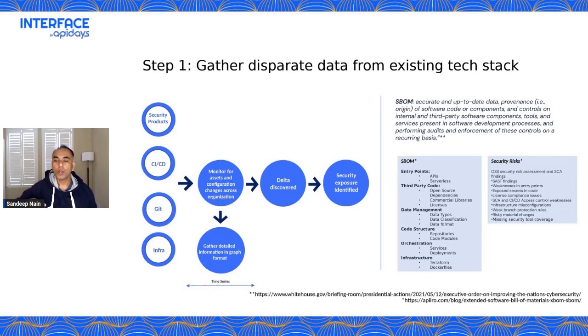For example, open source software security risk assessment, SCA findings, your static analysis findings, infrastructure misconfigurations, or any kind of security tool coverage that is missing. Now, with this kind of structure, you can actually identify all those things because you're leveraging the existing tools and tech stack that you already have. You're just consuming their APIs, extracting the data, and storing that in a more normalized, graph-based, standardized format.